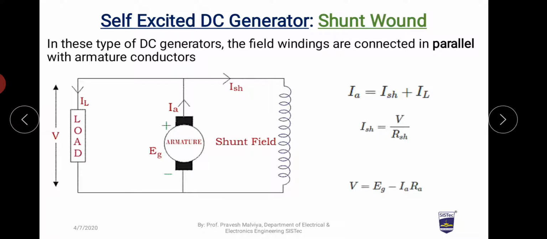The shunt field current Ish is equal to V upon Rsh, where V is the load terminal voltage and Rsh is the resistance of the shunt field winding. Mathematically, the terminal voltage is equal to the generated EMF minus the drop, and the drop is IaRa.